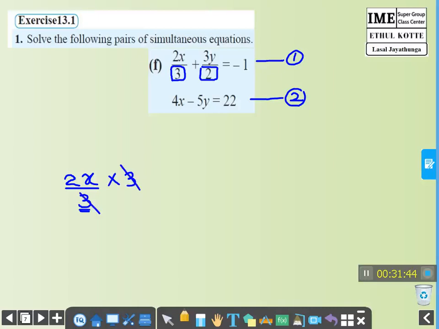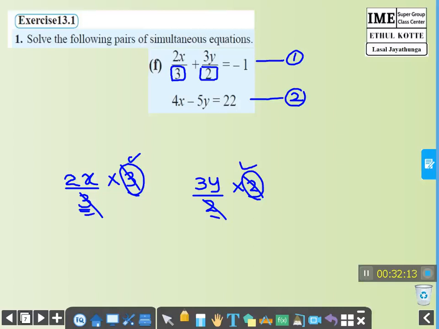Now when you think about 2x upon 3, to cancel this 3, what do you want? Multiply by 3, and 3 and 3 cancel. When you think about the other term, 3y upon 2, how to cancel 2? Multiply by 2, then 2 and 2 cancel. But two different numbers, here 3, here 2.